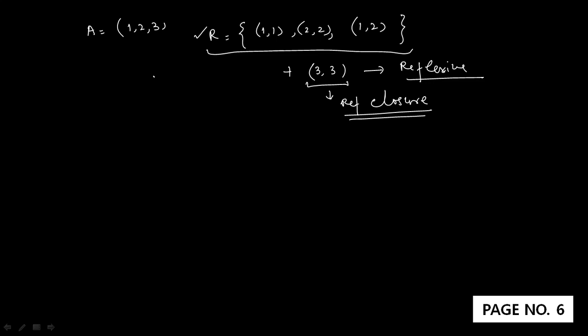Similarly, if I am adding (2,1), it will become symmetric. It means this pair is known as symmetric closure.